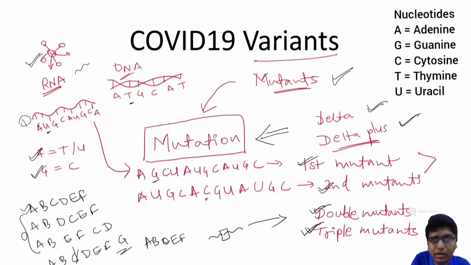They acquire new characters. In the original, we know this is the structure that is responsible for gaining entry into the cell. So they can acquire new characters to change this structure more and more, so that they can strongly gain entry and cause infection to humans.